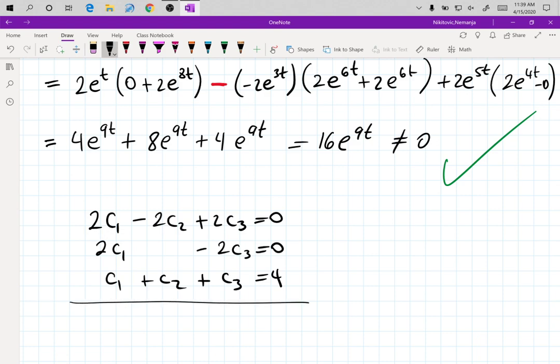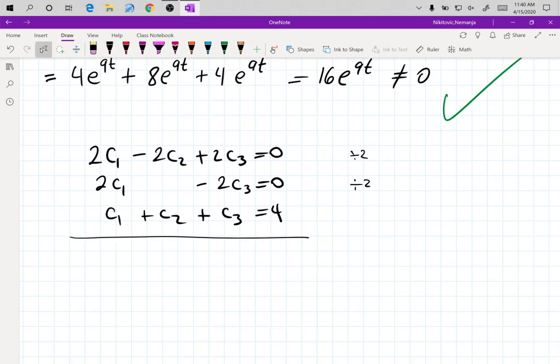And now you have a 3 by 3 system which you can solve any way you know. I'm going to divide these equations by 2. That will create a system with smaller numbers. So we have C1 minus C2 plus C3 equals 0.